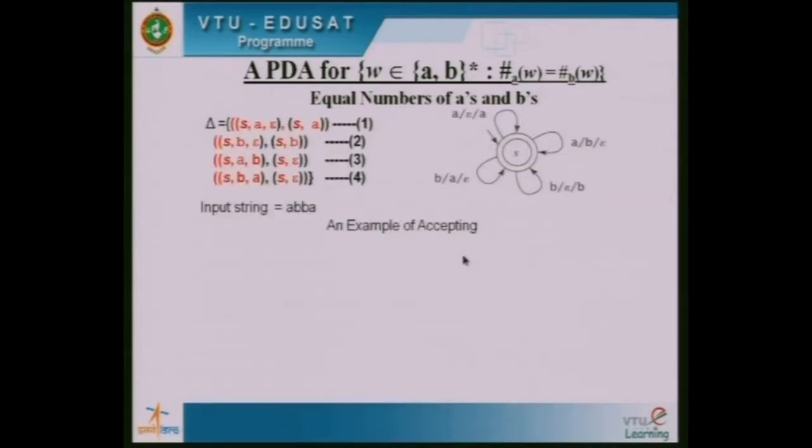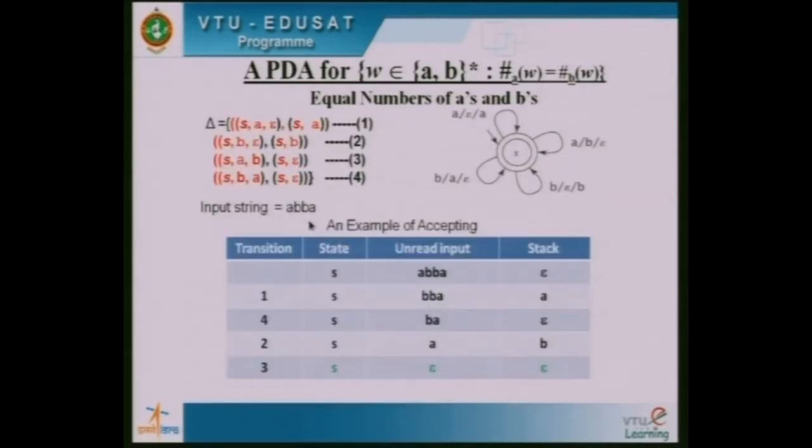So, we can see an example for the string ABBA. I am at start state S, input is A, stack is empty, then what to do? Push A into the stack. Next, I am at state S, input is B, stack is A, so one A is paired with one B, and this B is consumed and A is popped. Now I am left with BA.